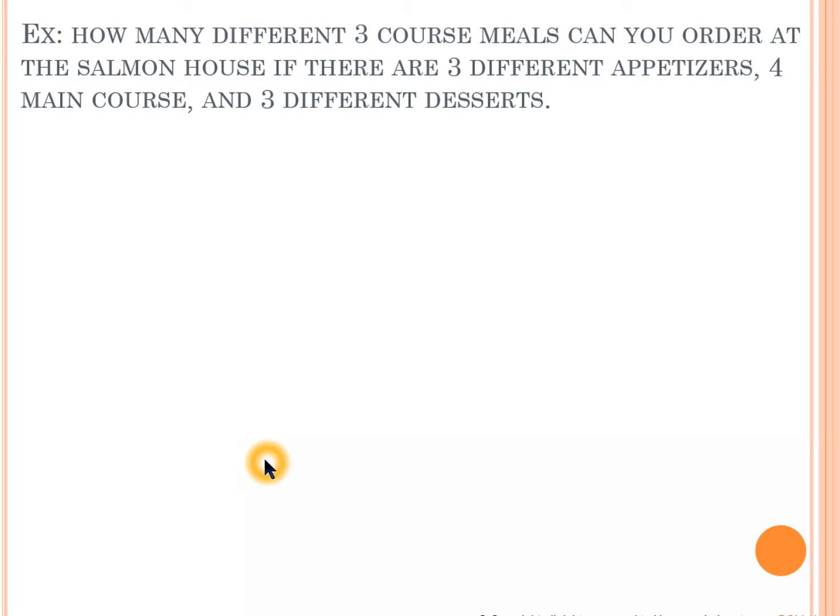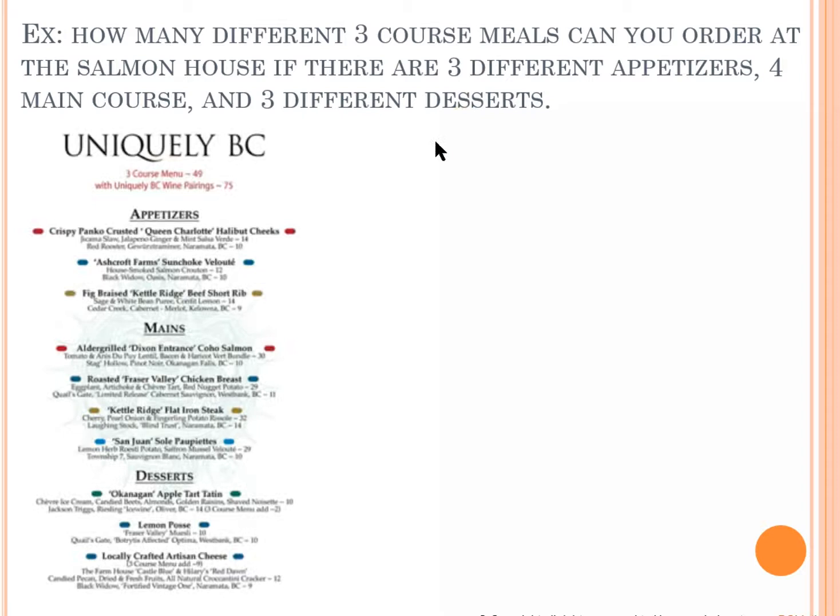All right, let's take a look at a simple example here. How many different 3-course meals can you order at the Salmon House if there are 3 different appetizers, 4 main courses, and 3 different desserts? So here is a sample menu. If you look at the appetizers, we have 3 different appetizers: red, blue, and yellowish green.